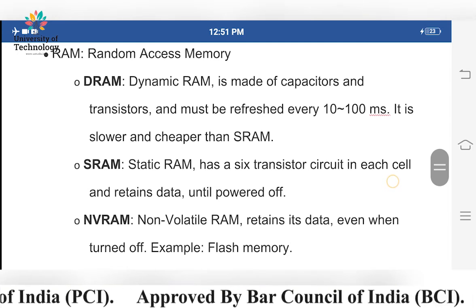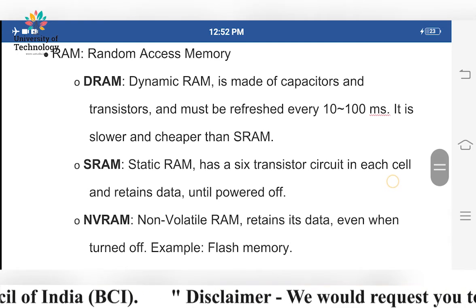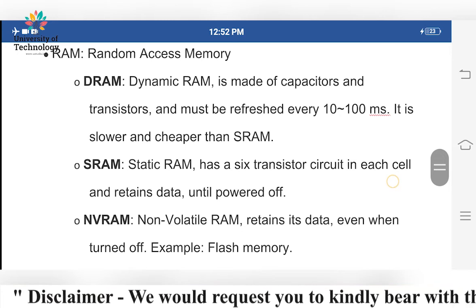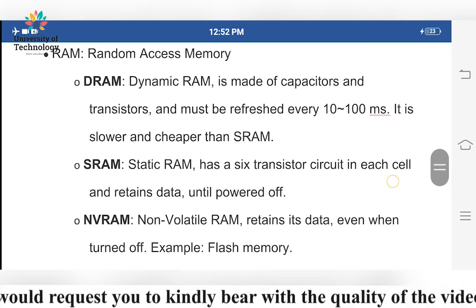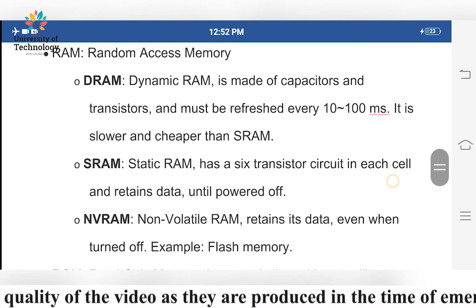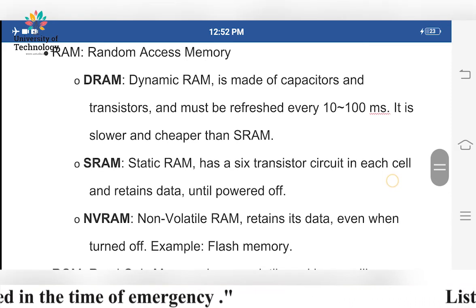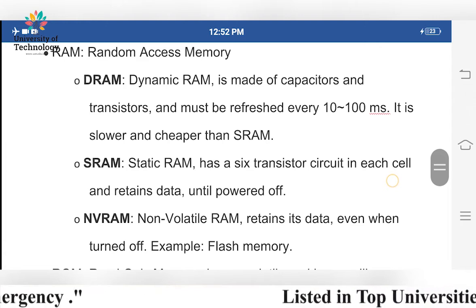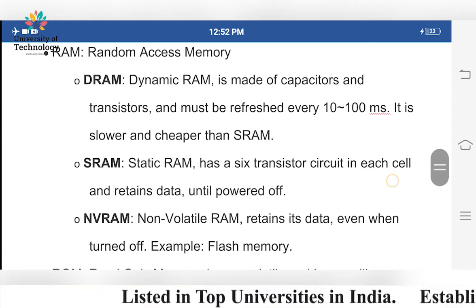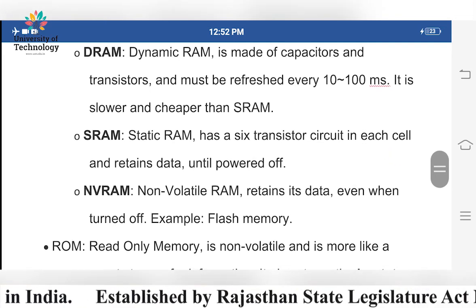It is slower and cheaper than SRAM. So what is the advantage of DRAM over SRAM, that is static RAM? It is cheaper. And if we are talking about the disadvantage, the dynamic RAMs are slower compared to SRAM.